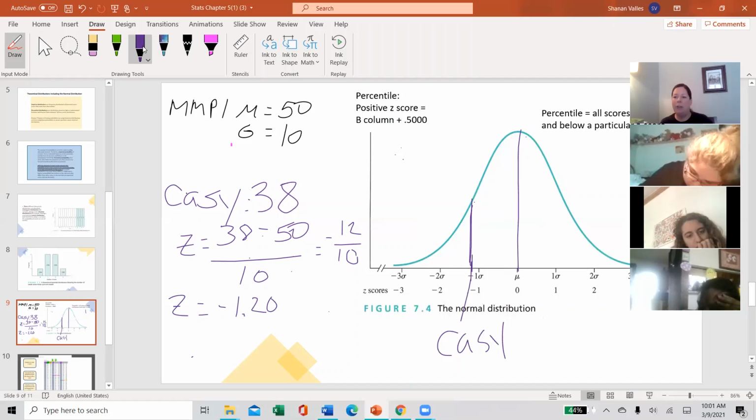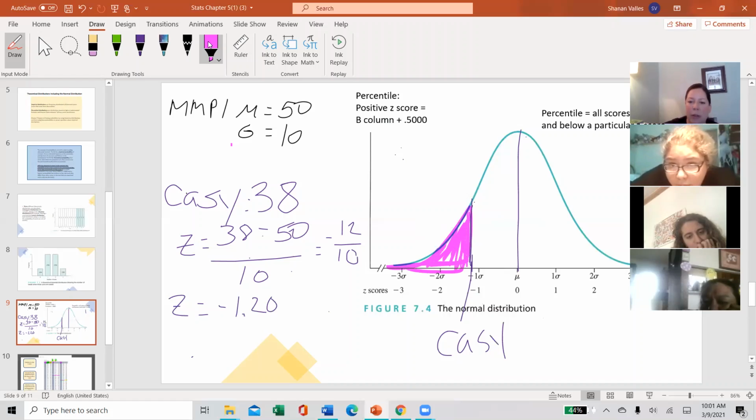And so we need everybody equal to and below. What does it look like that we need to get? What value is this? What value is at the mean and in the tail?